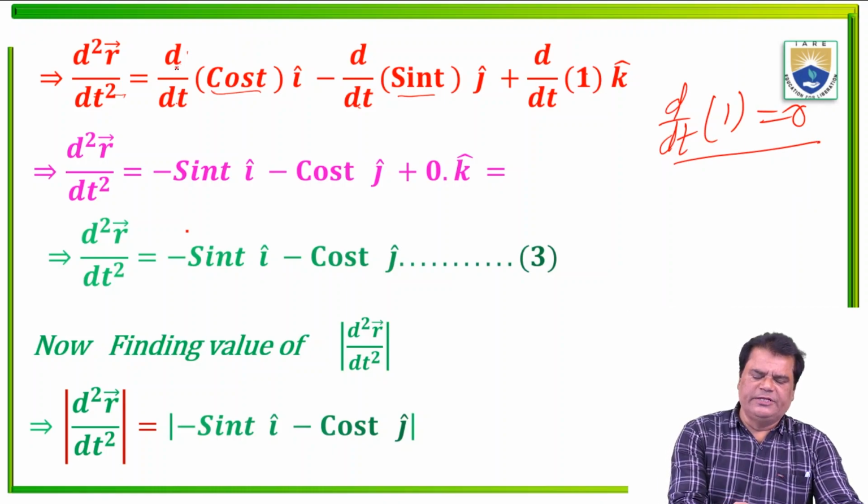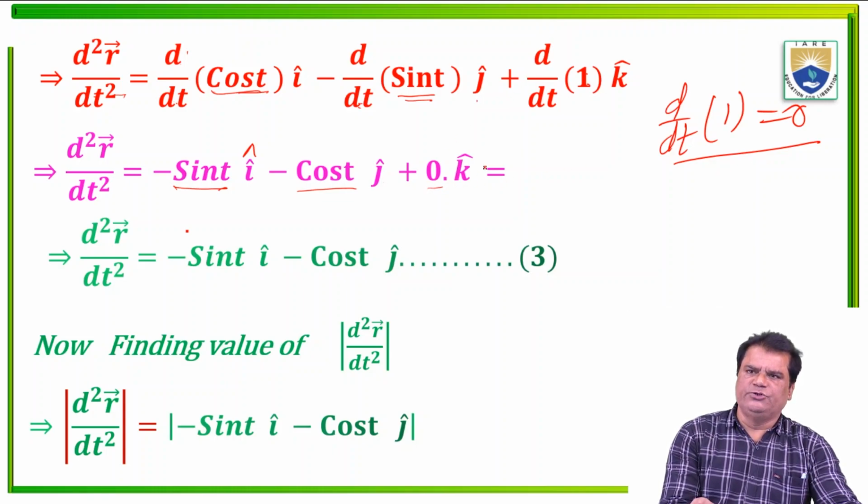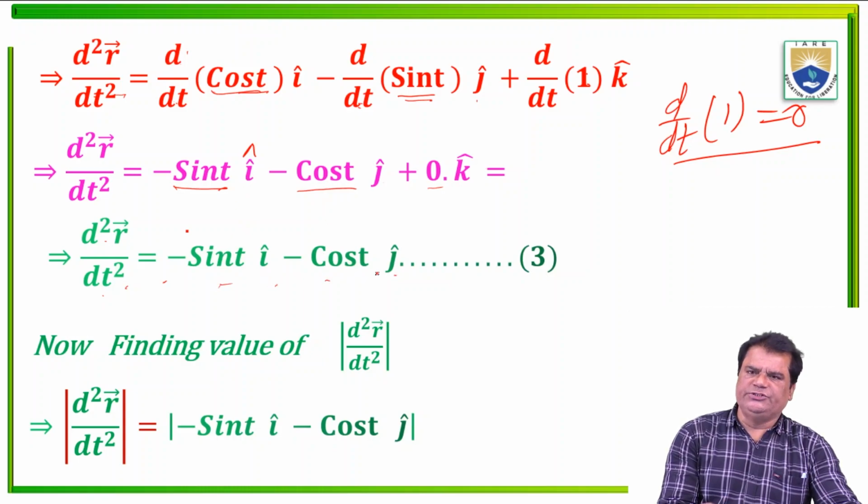So differentiating cos t with respect to t gives minus sin t into i vector, and d over dt of sin t j gives cos t j, and d over dt of 1 is 0, so putting here 0 k, this is 0. Basically d2r vector over dt square equals minus sin t i minus cos t j and 0. This is equation 3.